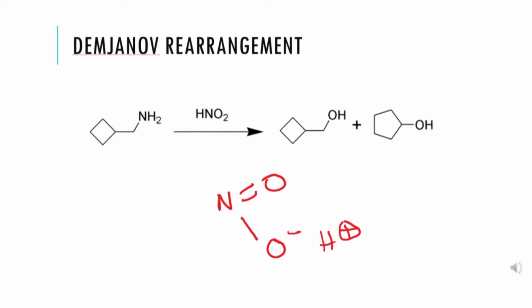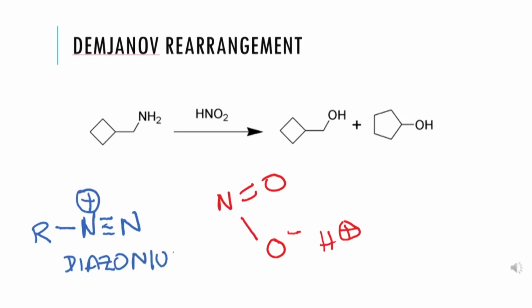So diazonium ion is nothing but N triple bond N. This is nitrogen, and so when you have a group that is present here, this is called the diazonium group. We've looked at this in the past when we were doing functional group transformation on a benzene ring. So aliphatic compounds can also produce a diazonium ion, and so this diazonium ion is an excellent leaving group.